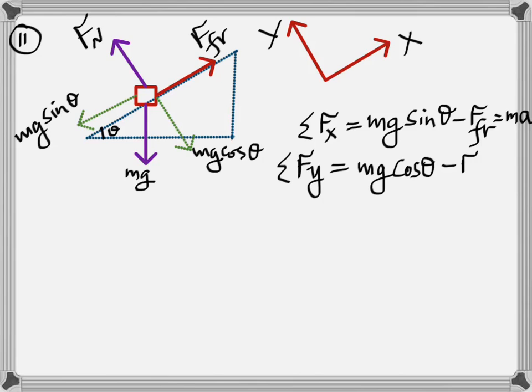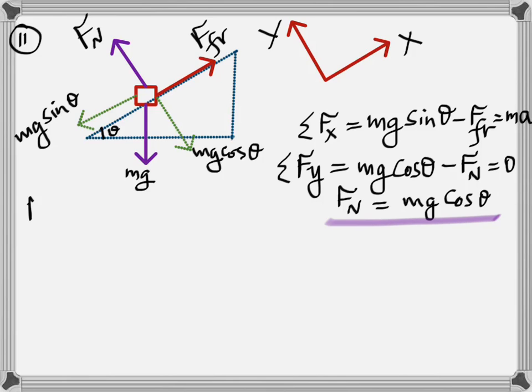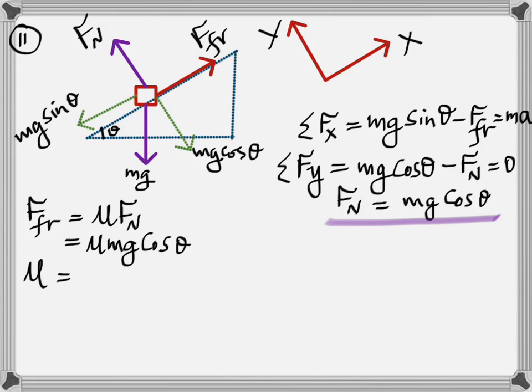Along the y, mg cos theta minus Fn is equal to 0 because there's no acceleration along the y-axis, from which Fn is mg cos theta. And again, friction is mu times Fn, so it will be mu times mg cos theta. Mu is the force of friction divided by mg cos theta.